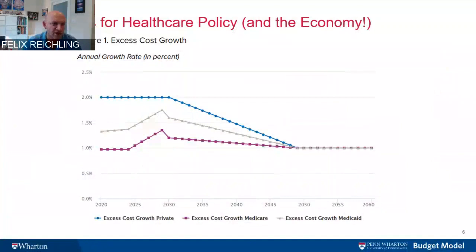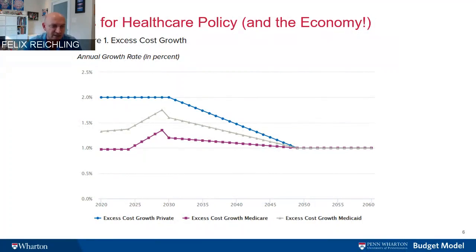All right, so this figure shows you the amount of excess cost growth in healthcare. Excess cost growth is the amount of healthcare growth that is above per capita GDP growth. These are projections that CBO made in their long-term budget outlook, and it shows you the excess cost growth rate for private health insurance in blue, Medicare in purple, and Medicaid in gray.